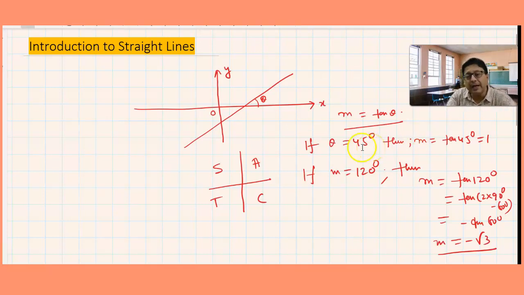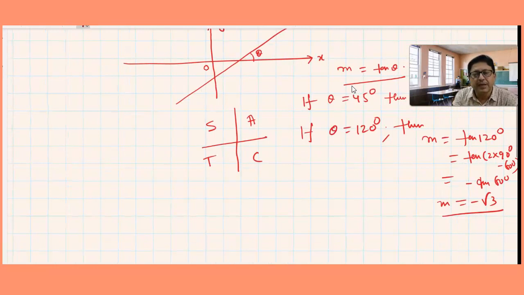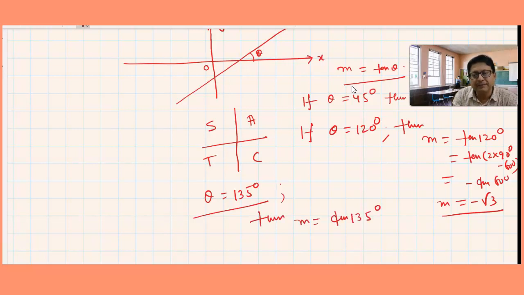So slope of any line you can find in terms of the angle made by it with the positive direction of x-axis. Take another example. We have taken theta equal to 120 degrees. Now suppose theta equal to 135 degrees. Then m is going to be what? m will be equal to tan 135 degrees.